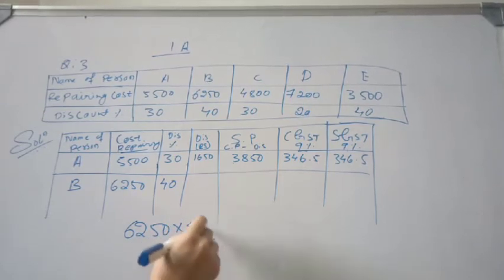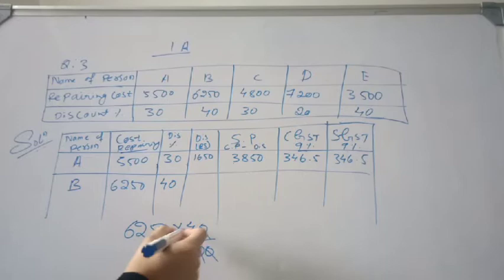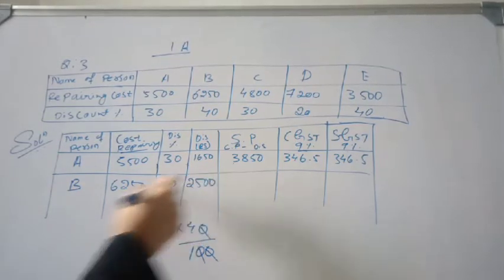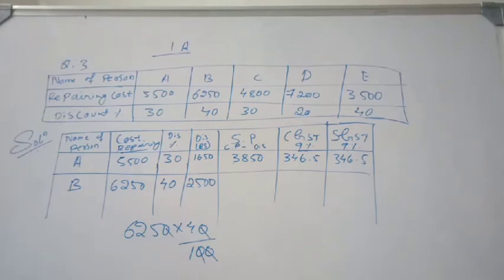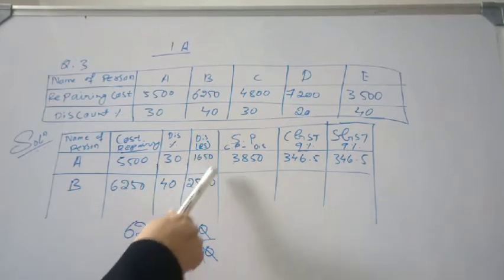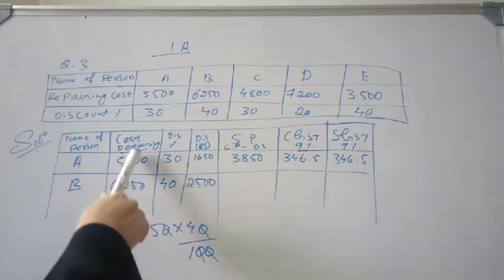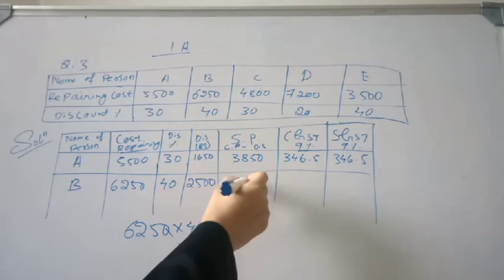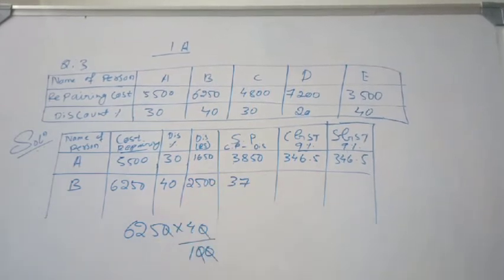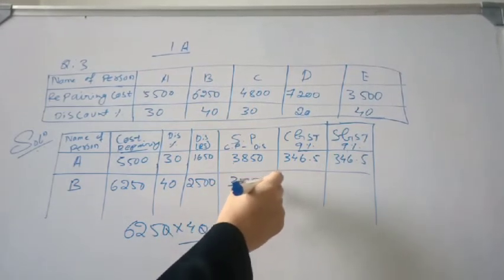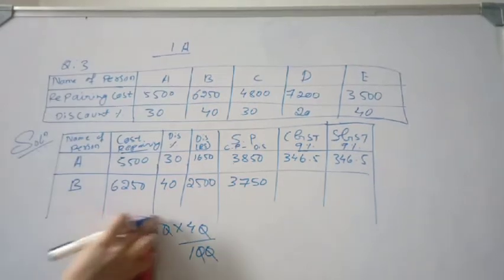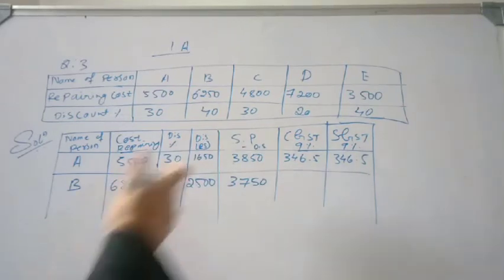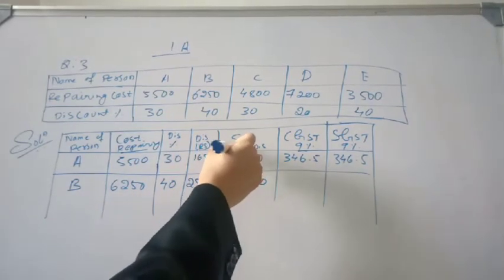The zeros get cancelled, 625 into 4, that is the discounted amount 2,500. Now 6,250 minus 2,500, you get 3,750. So on 3,750 we have to charge 9% CGST and 9% SGST.